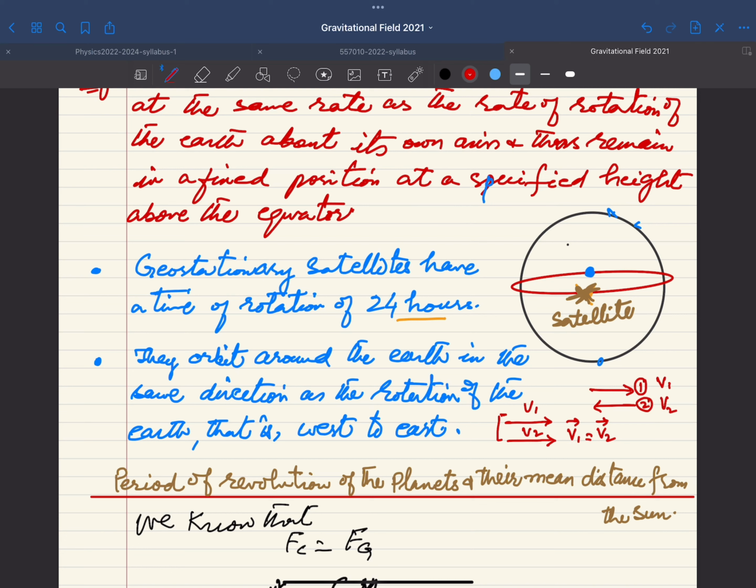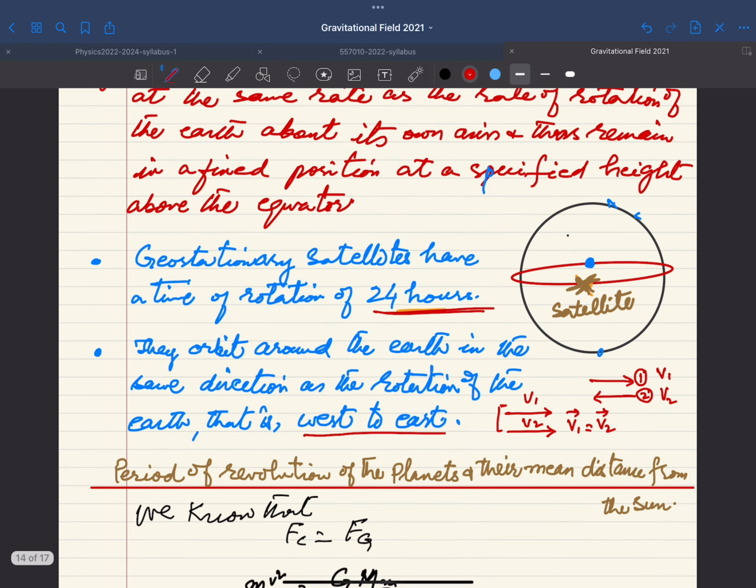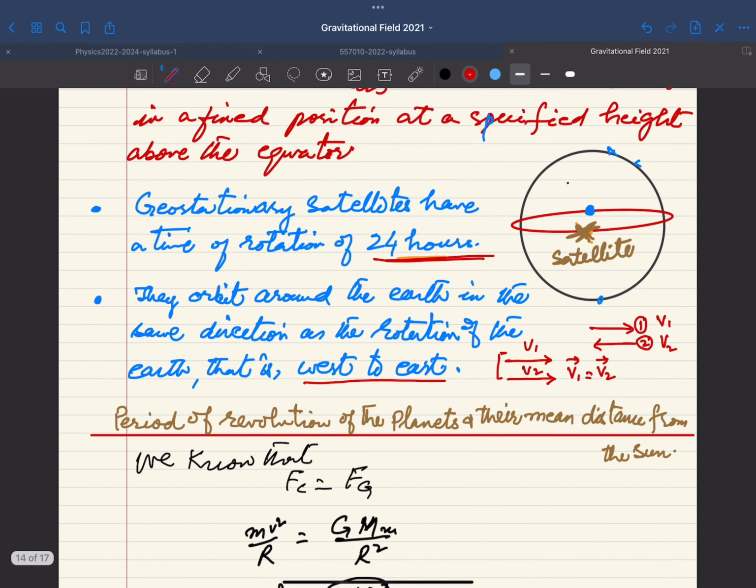So on the equator, if you have a body and its time of rotation is the same as the time of rotation of the earth, and it is moving in the same direction as well, that is, the rotation of the satellite is from west to east as the rotation of the earth, you will feel that the satellite is at rest. So this is very, very important.